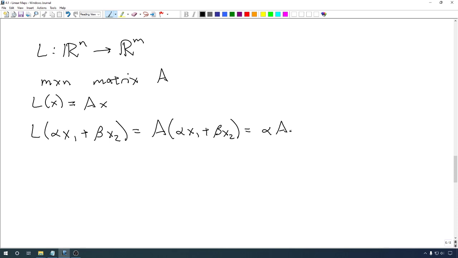We have alpha times Ax1 plus beta times Ax2. And Ax1 is just L of x1, and Ax2 is L of x2. So this is really not too hard to show. It is, in fact, a linear transformation. In fact, this is kind of typical. This is a typical linear transformation. And in section 4.2, we will go ahead and explain what that means.